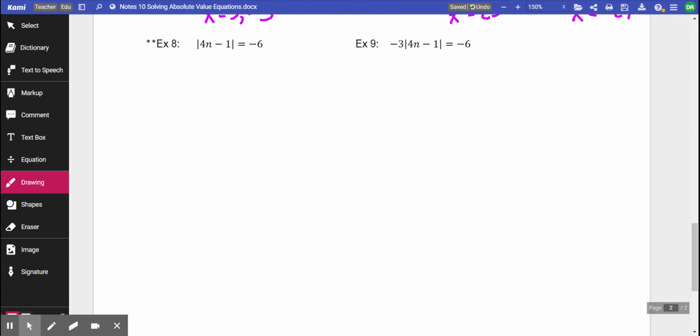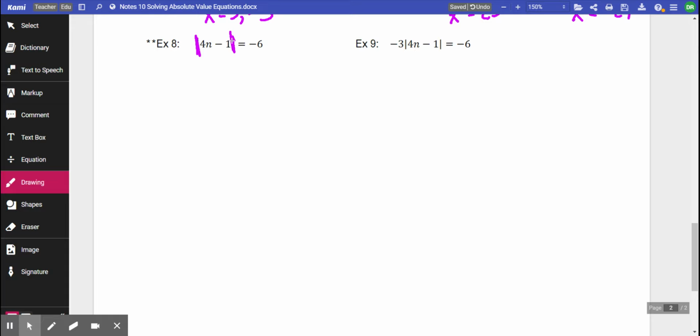All right, the last couple of examples. Here we have the absolute value bar. This absolute value is equal to negative 6. But remember, we said the absolute value, the distance away something is from 0, has to be positive.